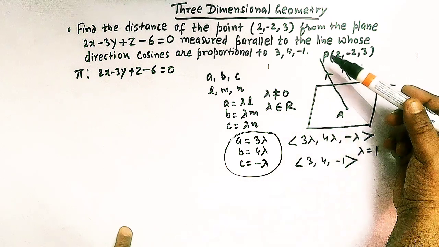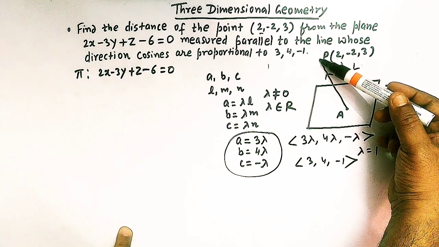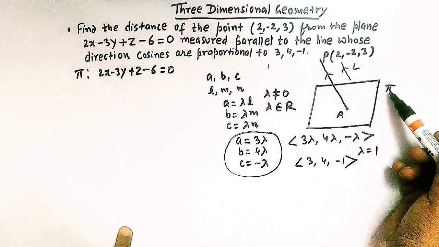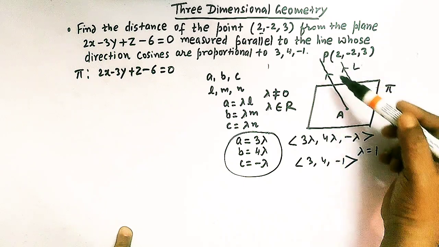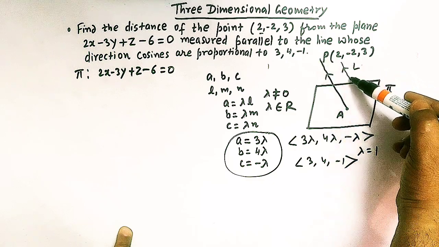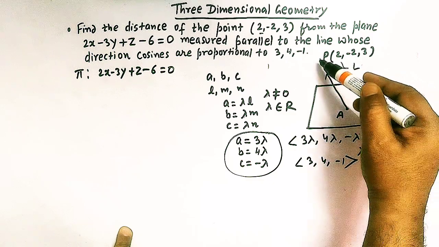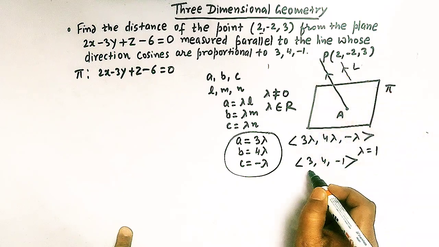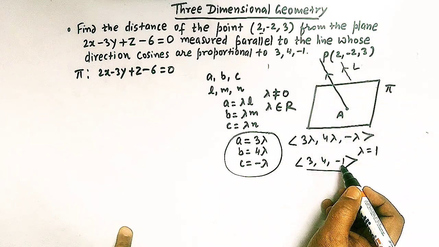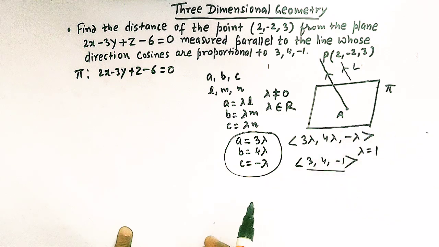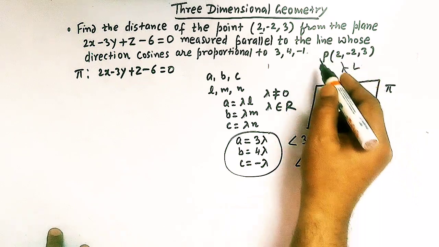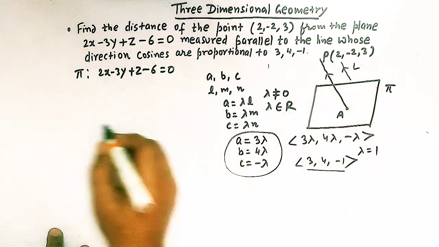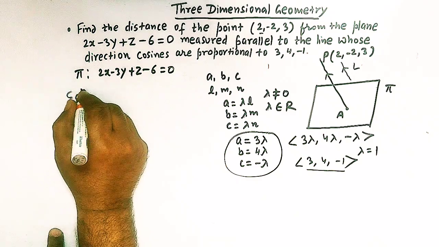And here the distance of this point P from this plane pi is PA, and PA is parallel to this line L. So the direction ratios of this line PA may also be taken as 3, 4, and minus 1, because we know that parallel lines have proportional direction ratios, right? So now we can easily write the equation of PA in symmetric form.